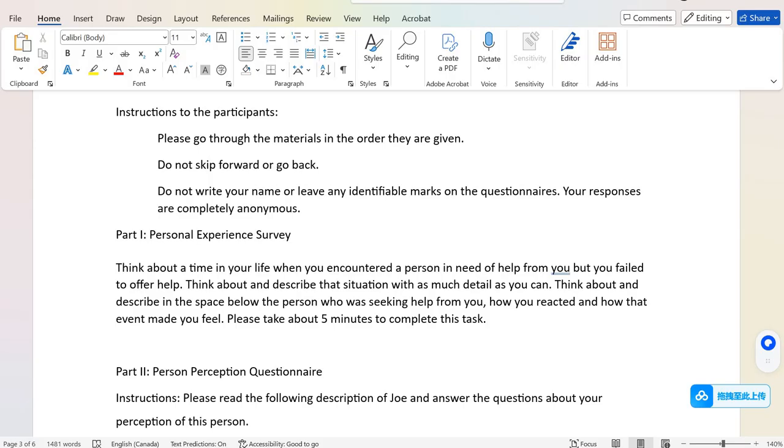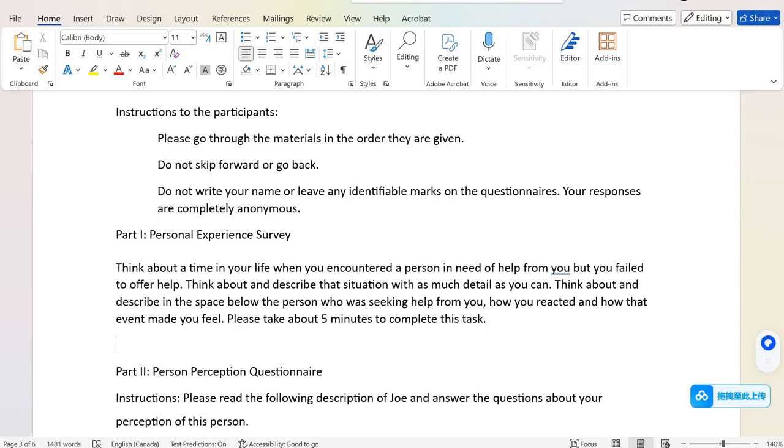A person who appeared to be unhoused or homeless was asking me for help. He had a coffee mug. He asked me to spare $1 so he could get some food. But I did not offer help. I hurried away. I rushed by him because I was in a really big hurry.